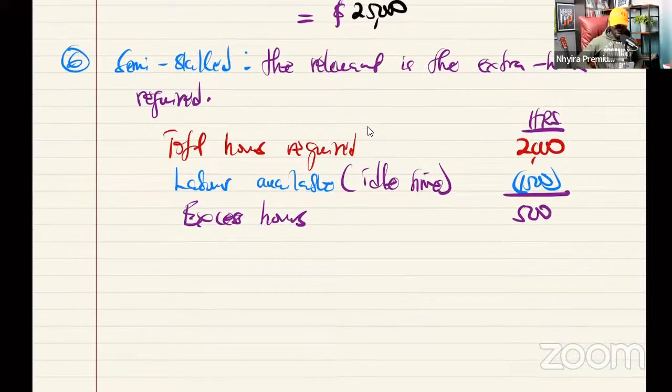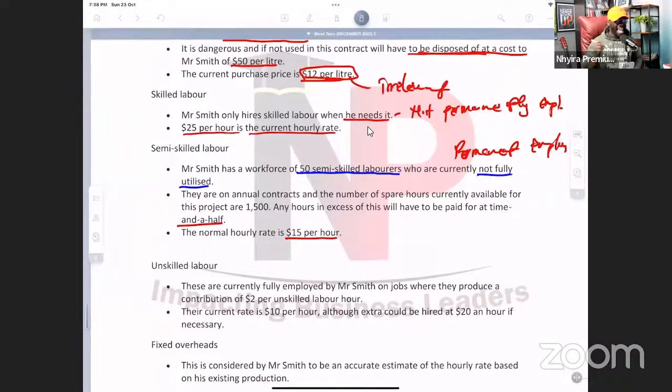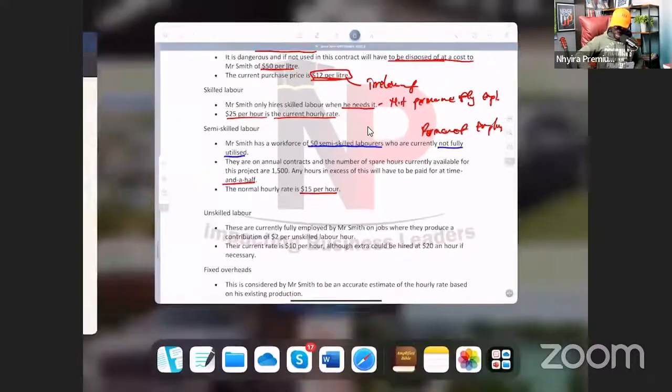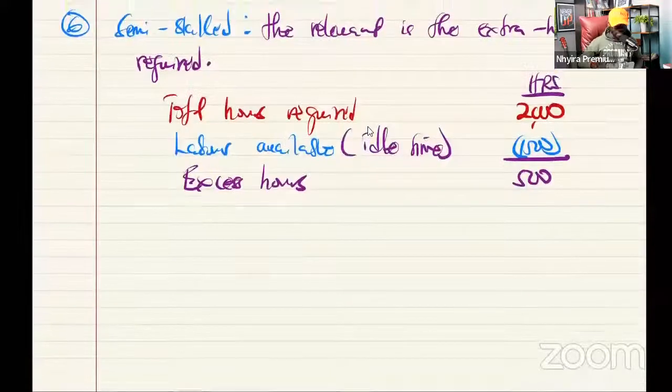The way we pay these excess hours is time and a half. What does that mean? Simple. It means that the rate is going to be time and a half. What is the meaning of time and a half?